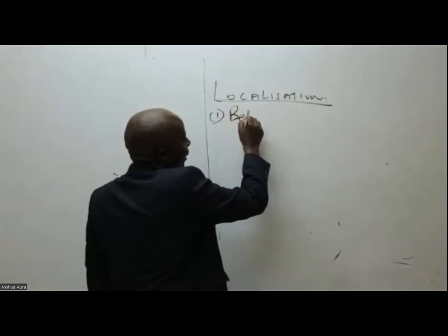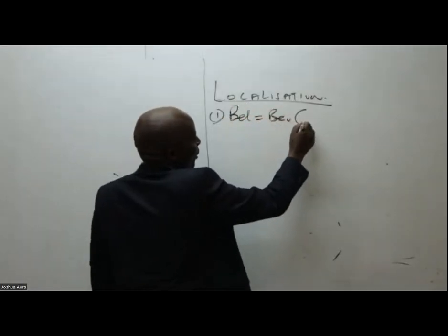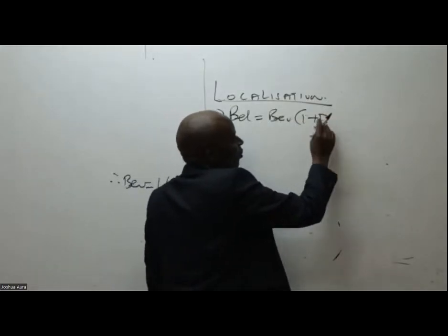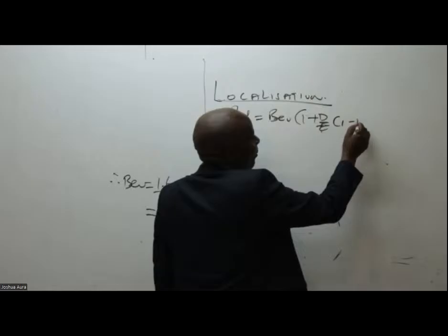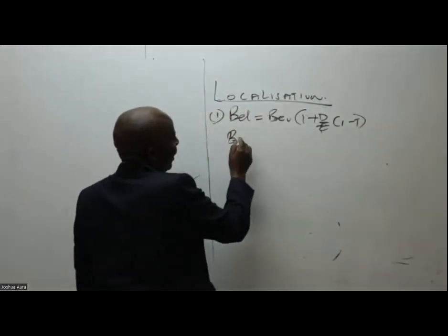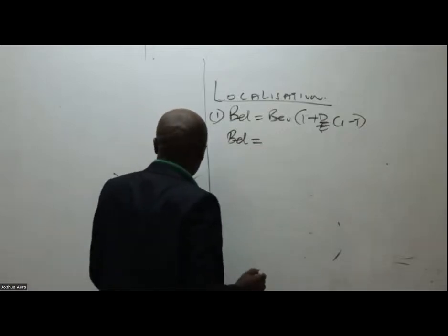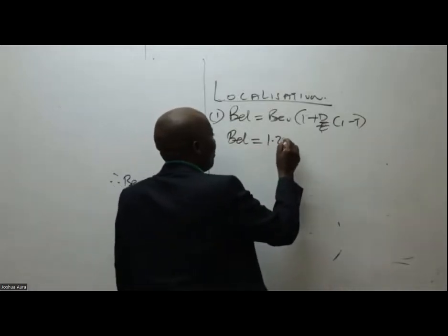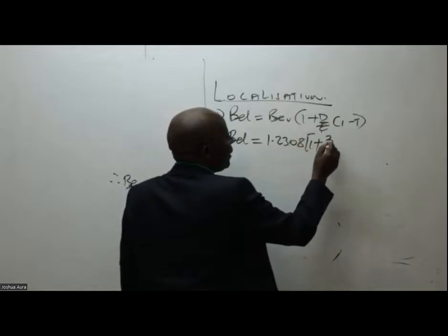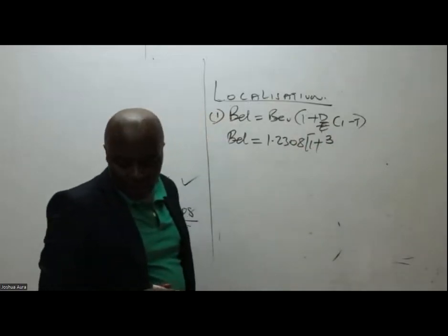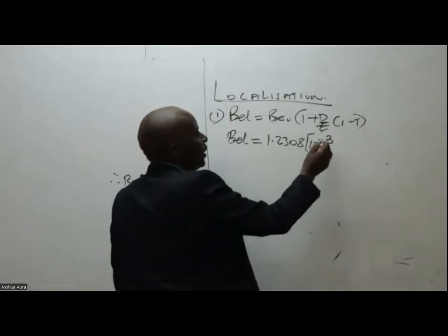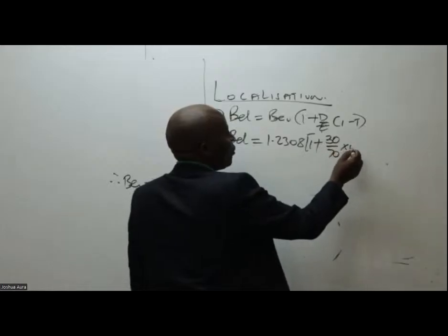We know that BEL should be equal to BEU into 1 plus debt over equity into 1 minus T. So my BEL here will be equal to BEU that I have here, 1.2308, into 1 plus debt is 30, debt in Roman 1 is 30 debt, 70 equity, and then 0.7.